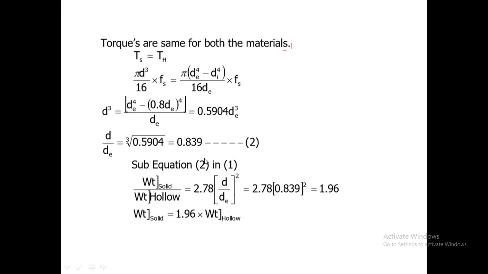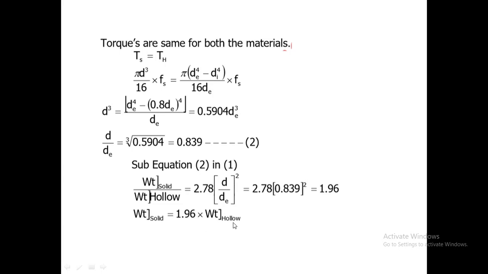When I substitute the d by de ratio in this weight equation number 1, I will get the weight ratio as 1.96. So you can see here the weight of the solid shaft is 1.96 times the weight of the hollow shaft. So for the same material, the same torque and the same power transmitted, the weight of the solid shaft will be 96% more than the hollow shaft.